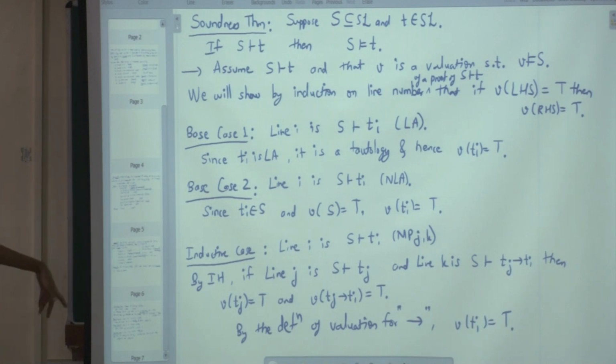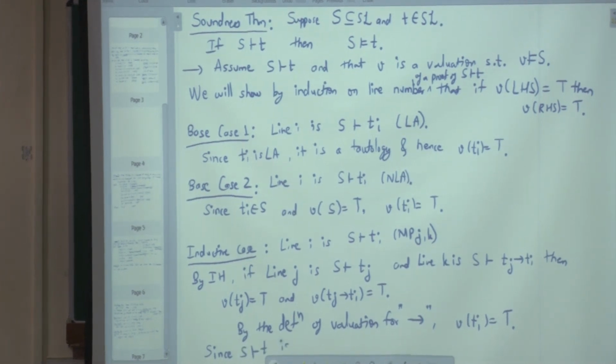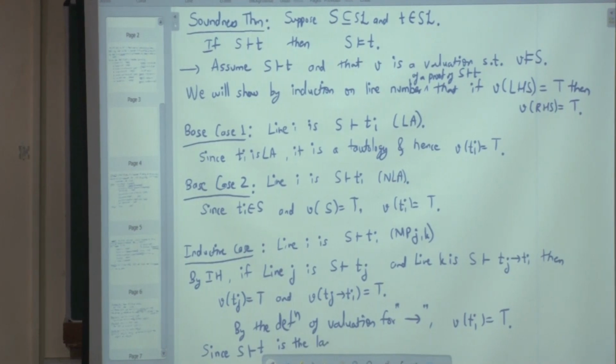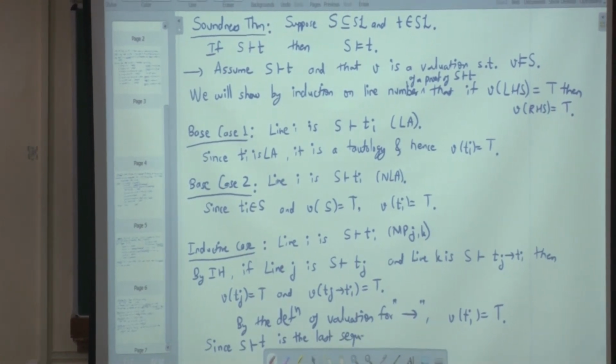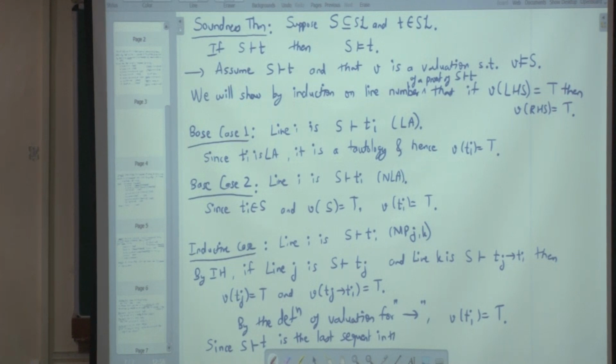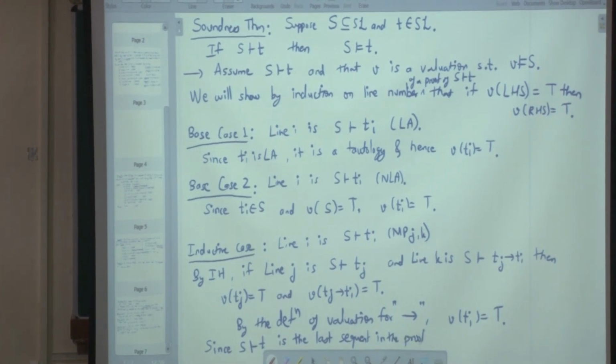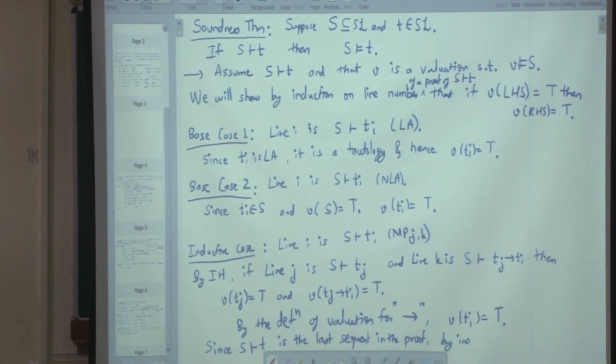Now, what is the last line of this whole proof? Since S proves T is the last sequent in the proof, by induction we are done.